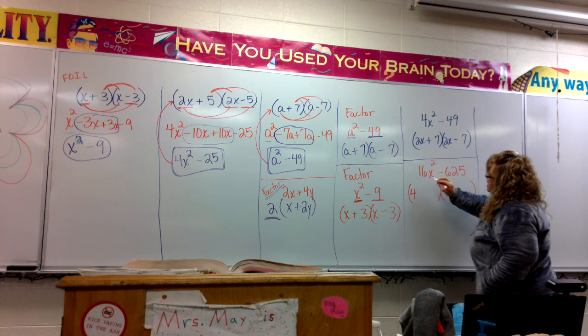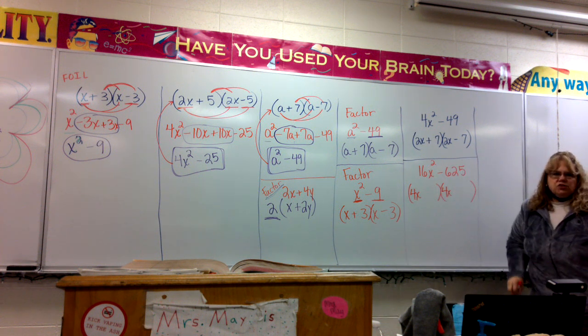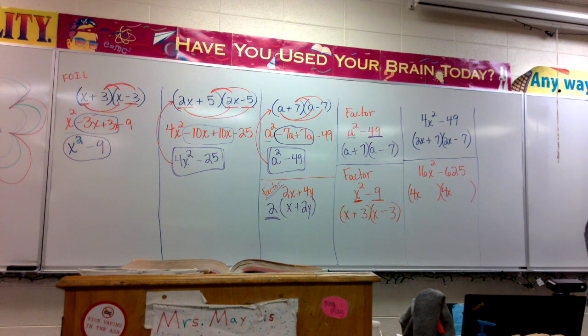And don't forget about the x squared has to be x times x. What about 625? You know it has to be some number times itself. So you know what you might have to do? Get out the old calculator. Try like 20 times 20. That's going to be 400, I think.